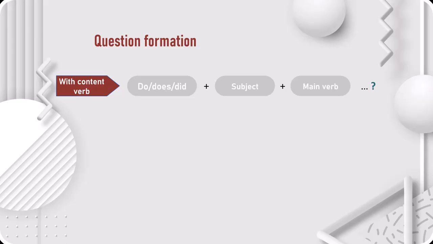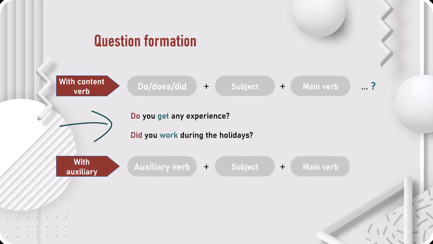When the question contains a content verb that is not the verb to be or to have or a modal verb, we must use the auxiliary do, does, or did before the subject, then the content verb after the subject. These are some examples.